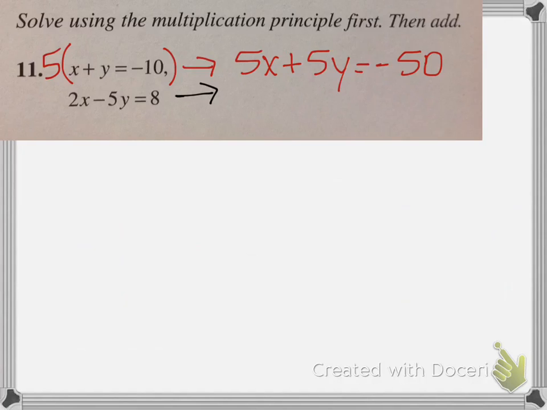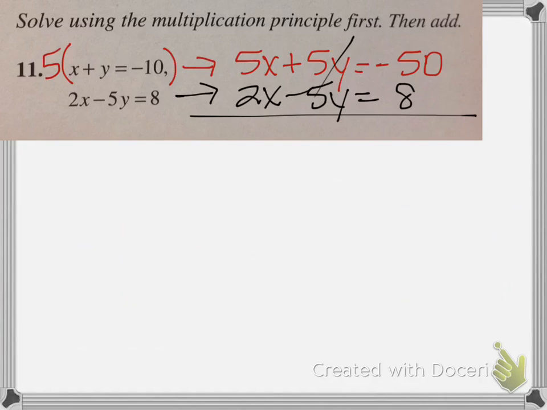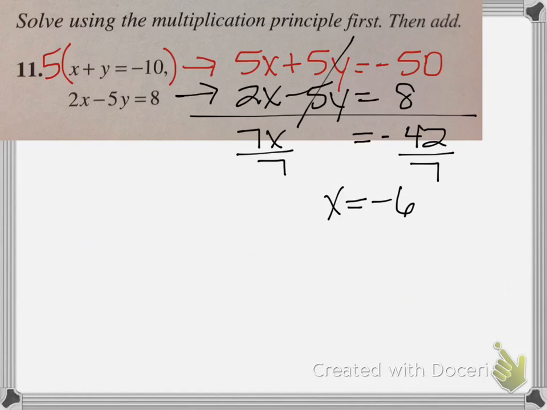And this one I don't have to do anything to, I'm just going to bring it over. Now I can eliminate my y's. 5x and 2x is 7x. Negative 50 plus 8 is negative 42. Divide by 7. x equals negative 6.